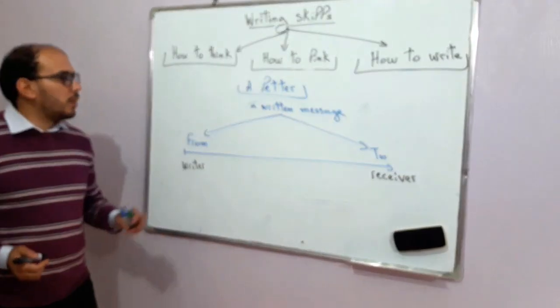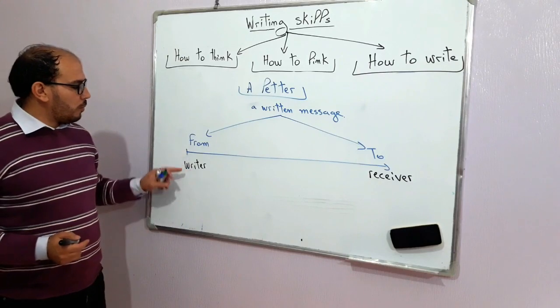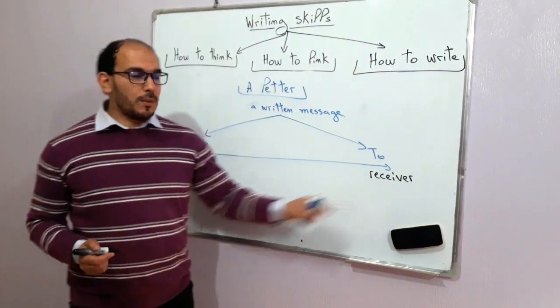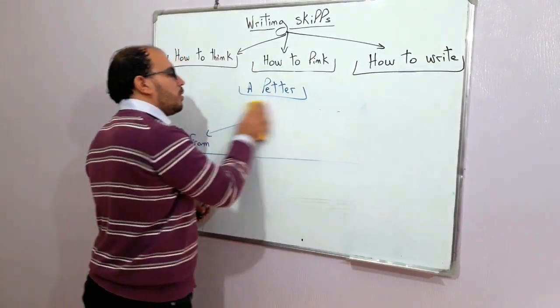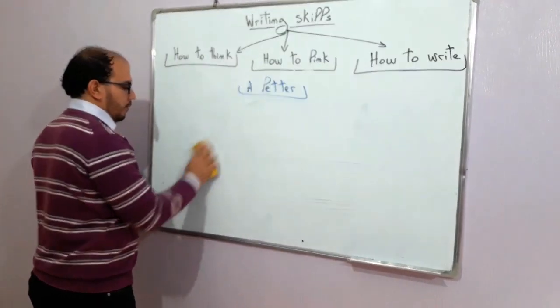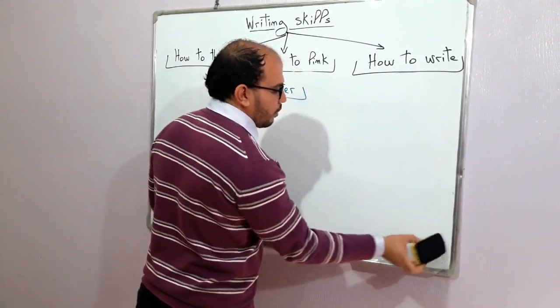So this is the meaning of a letter. A letter is a written message from a writer to a receiver. But the question here is, what is the form of this writing? What is the text structure of this writing?